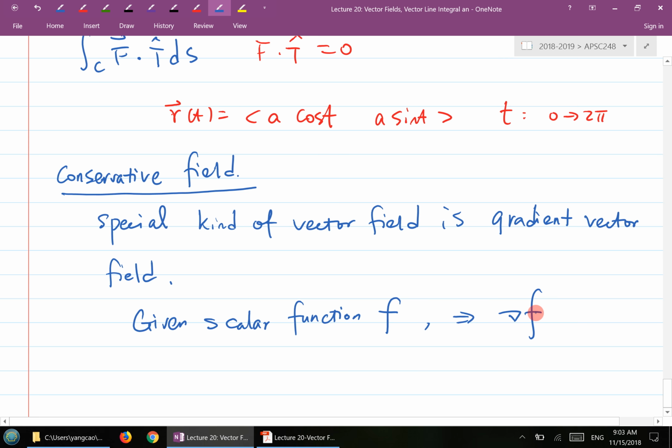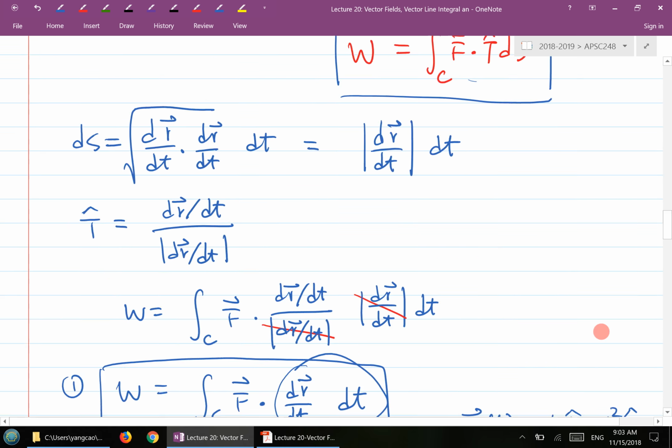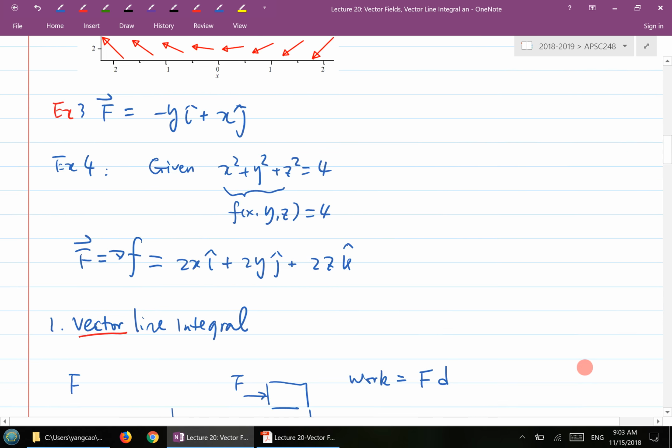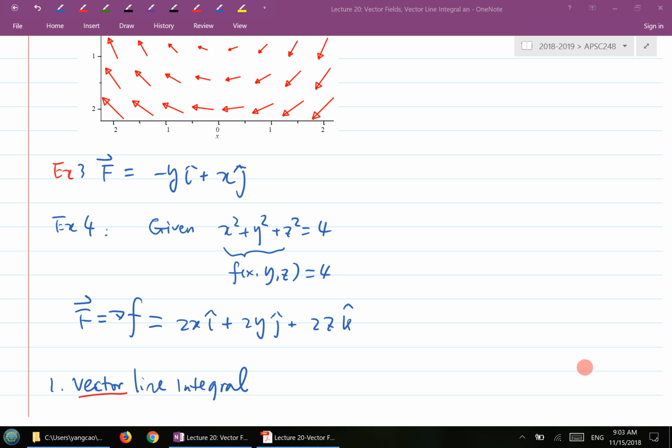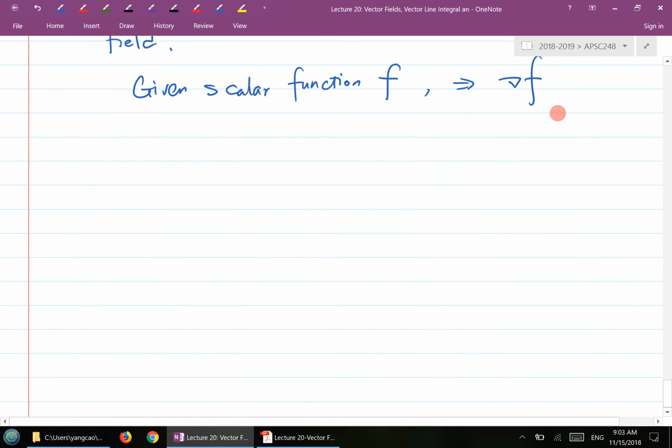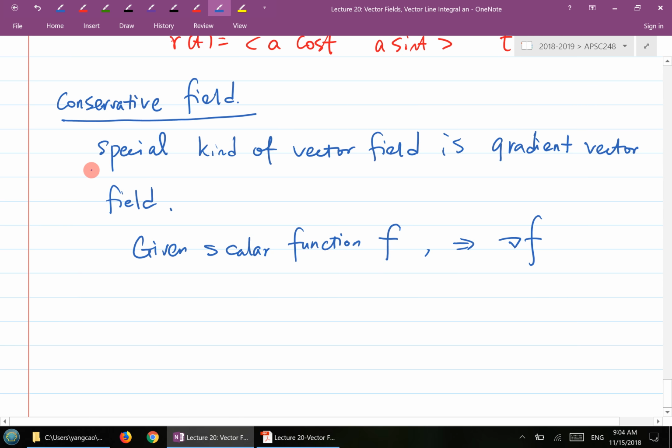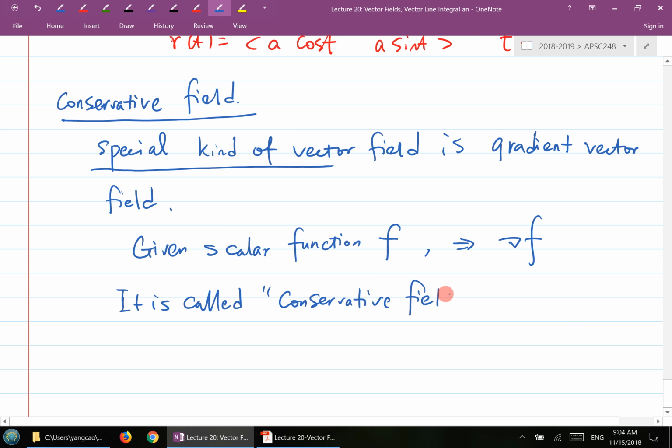As I demonstrated using this example here, this spherical surface, if I calculate the gradient, I can create a vector field. So this gradient vector field is a special kind of vector field, and it is called a conservative field.